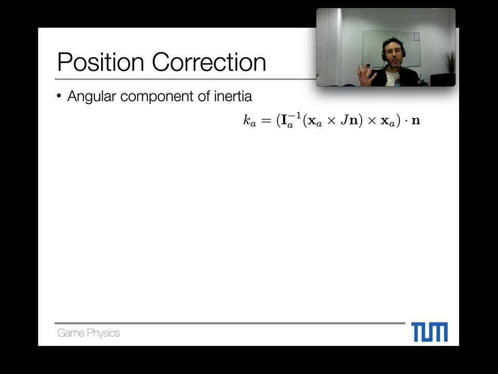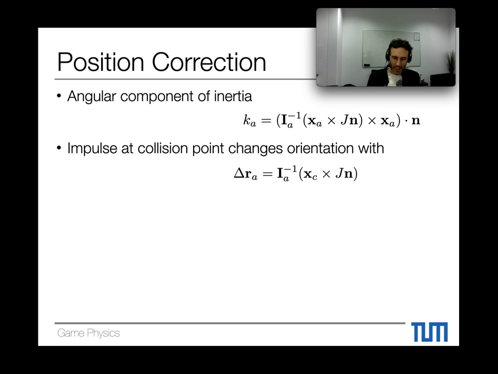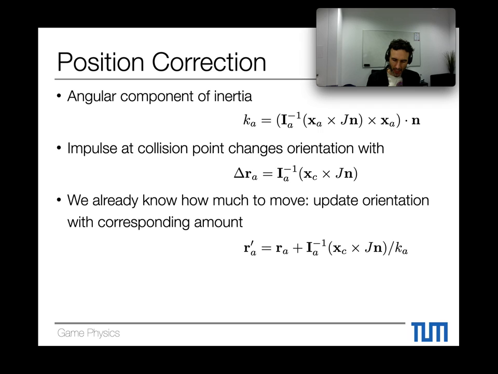So remember, now our goal is not like before to just change the angular velocities, but now we want to actually update the orientation of the object. So if we apply that at the point of collision, then we'll actually get an angular motion by this impulse at a collision time point, again weighted by the inertia tensor.